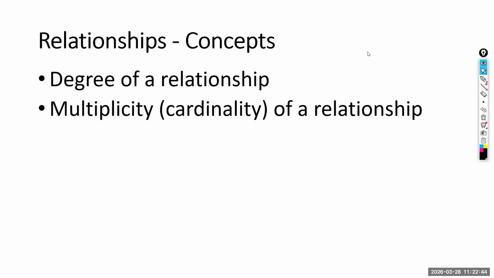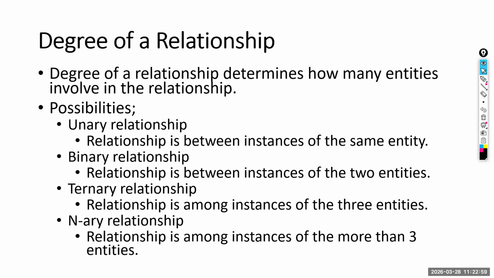Right. So when it comes to relationships, there are few concepts. What are those concepts? Degree of a relationship, multiplicity of a relationship. We have already discussed. So the degree can be unary, binary, ternary, or more than three is n-ary.